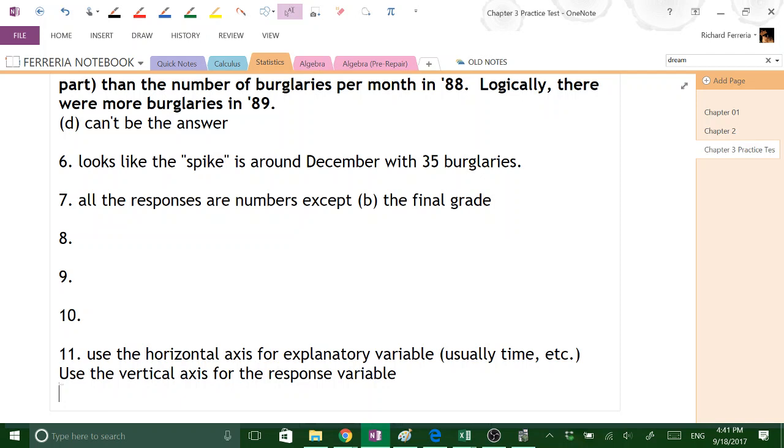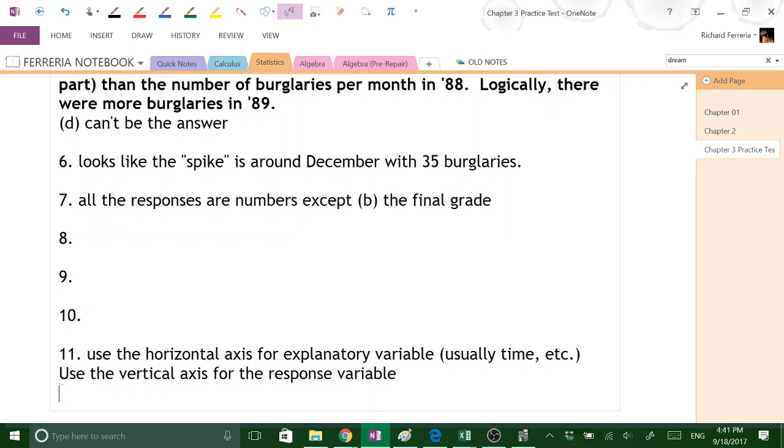You don't want to make your plotting scale anything other than straight, what's the word we're looking for? Yeah, constant, basically. 1, 2, 3, 4, 5, 6, or 5, 10, 15, 20, whatever you need to do to make the plotting scale consistent. So yeah, that's it for 11.